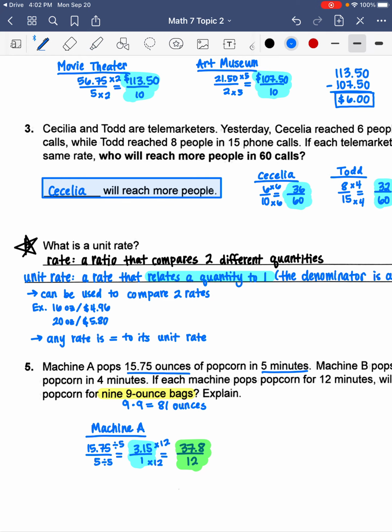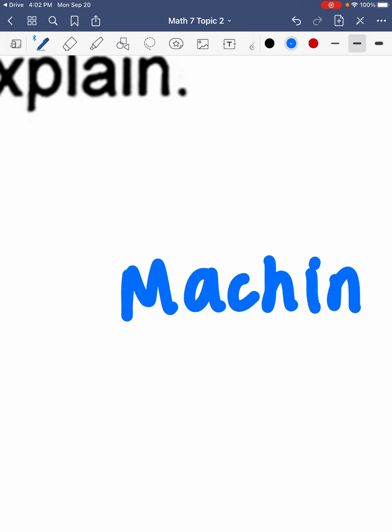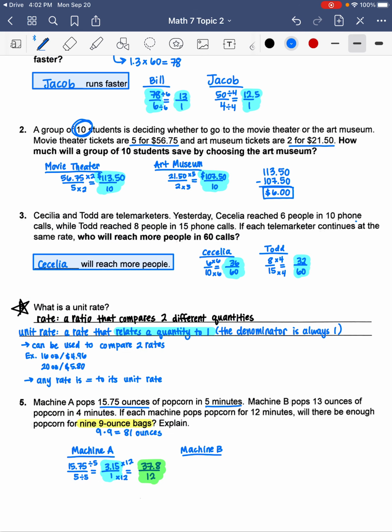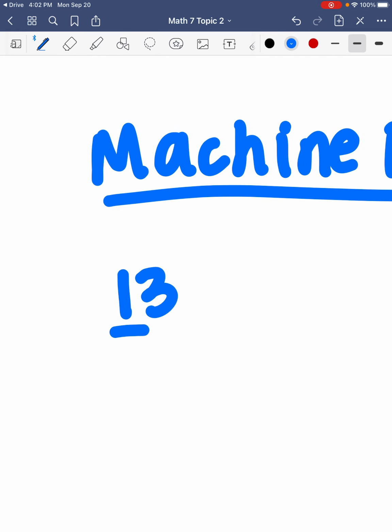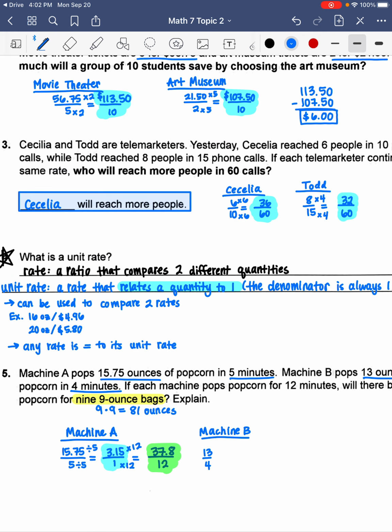Let's look at machine B. Okay, machine B pops 13 ounces of popcorn in 4 minutes. Now, we want to know ultimately how much popcorn this machine will pop in 12 minutes. Could I totally bypass this step right here?